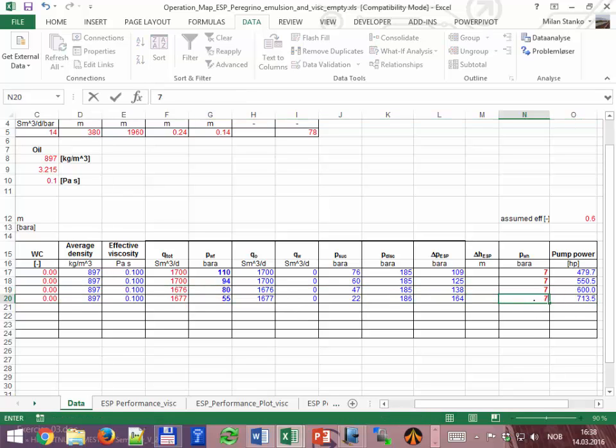Okay, 7, I don't know why this is changing, 76. Okay, and again I do the same. Actually the suction pressure now is 22. Okay, so what do I do? This is exceeding and this is exceeding. So how do I use the solver in that case? I can use a constraint, okay?